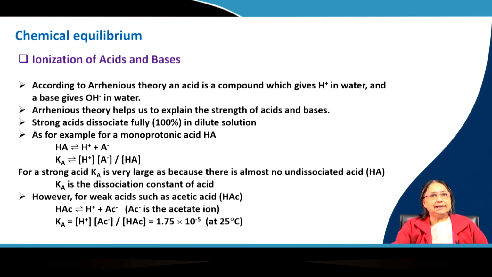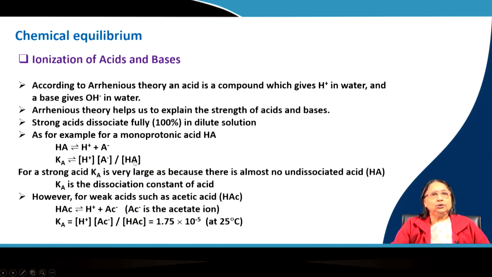Strong acids, we know, are fully dissociated, 100% dissociated in dilute solution. For example, we have seen HA, a monoprotic acid, which gives H plus ion and A minus ion. In case of acid dissociation we always write Ka, that is the H plus ion concentration into A minus ion concentration divided by the concentration of HA.